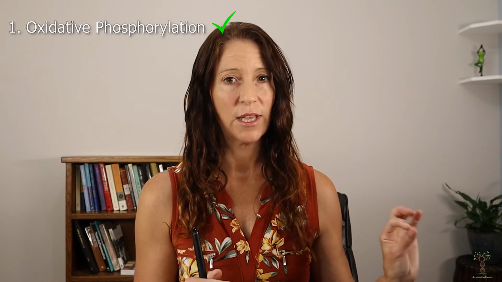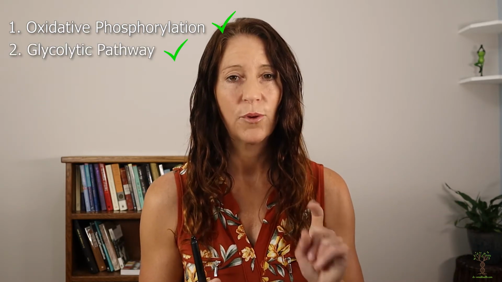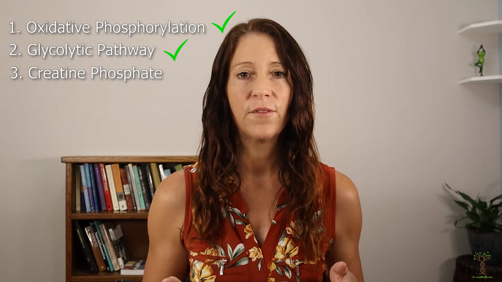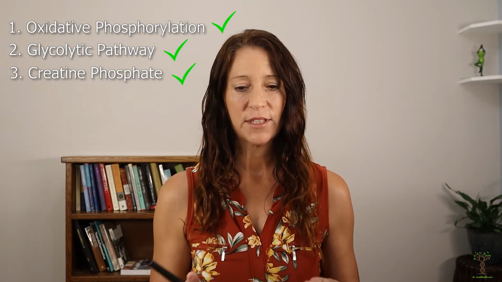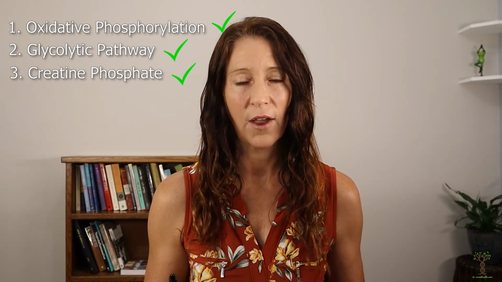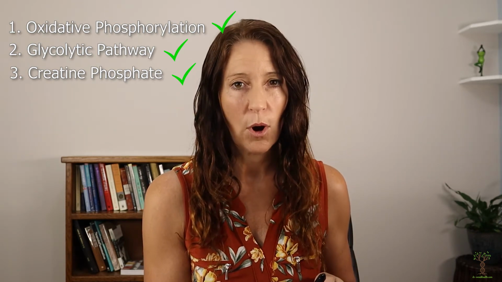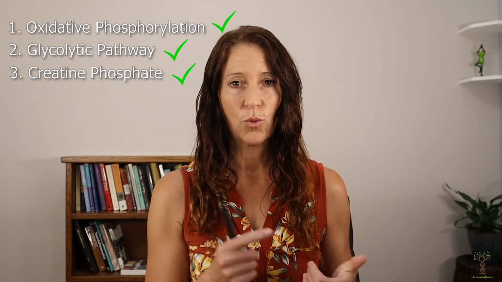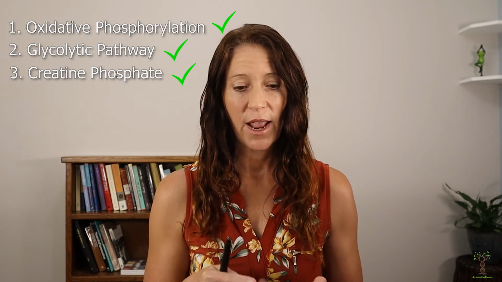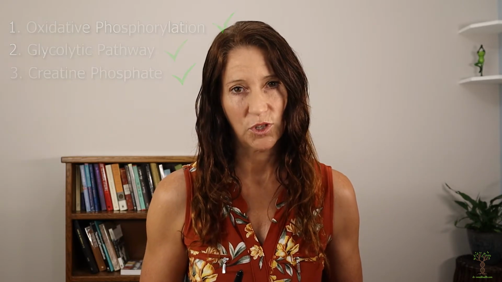Now we're going to look at the three main pathways. So we talked about oxidative phosphorylation, and we talked about the glycolytic anaerobic pathway, but there's one other pathway, and that is the creatine phosphate pathway. And this is a very rapid way of producing ATP for the very first beginning part of an exercise. So we use creatine first and primarily by our fast-twitch fibers.